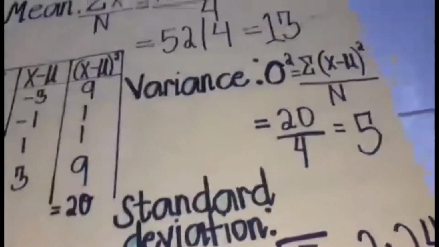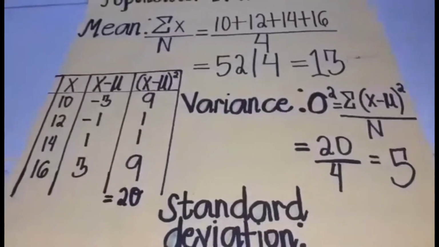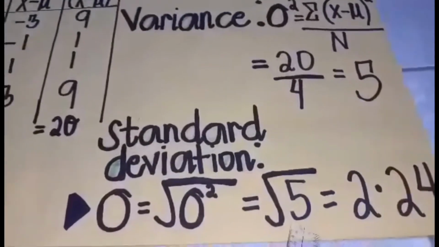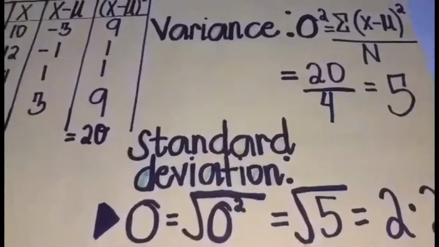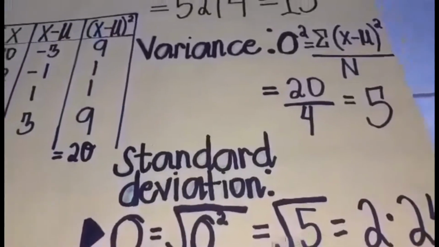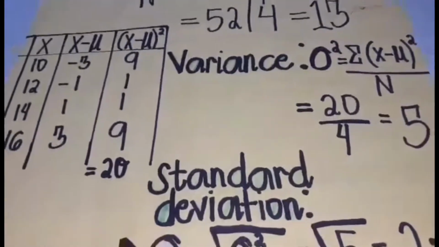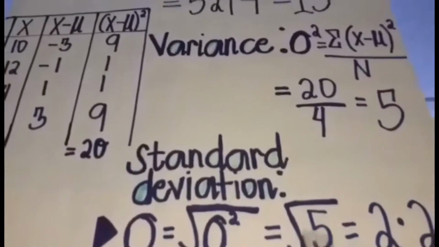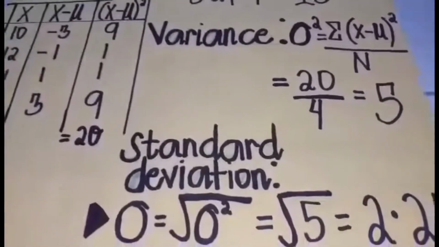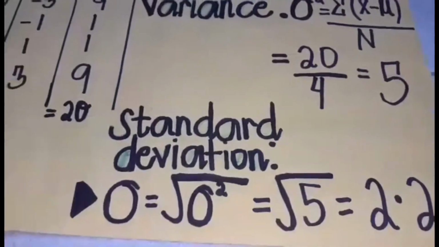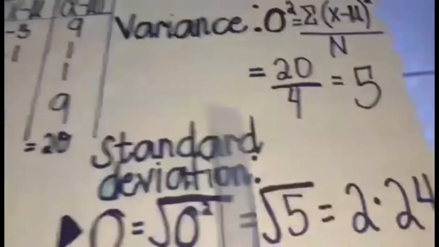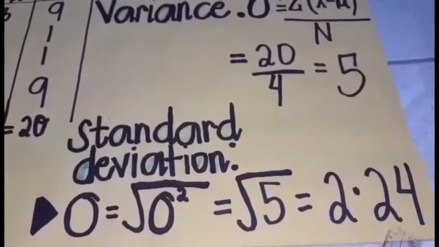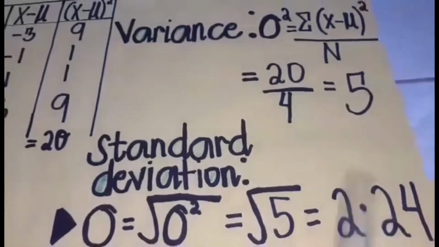If you check it on your calculator, ang lalabas kasi doon is 2.23606 something. So, ang gagawin na lang natin is round off. So, naging 2.24 siya. So, this is now the standard deviation.